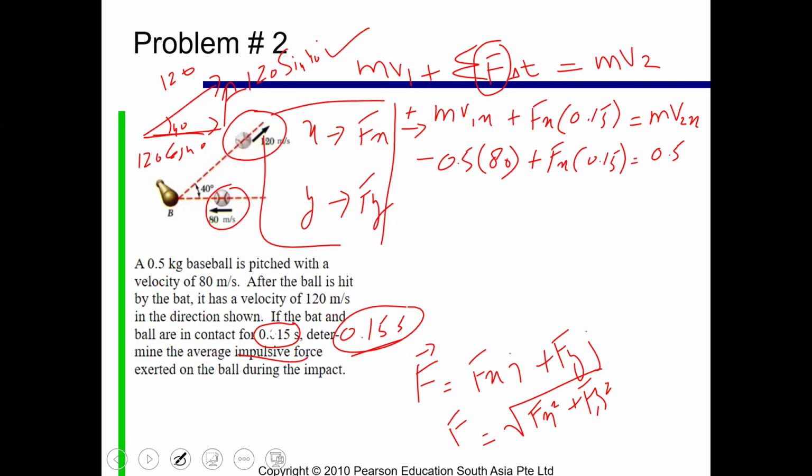So which one do I need to pick here for V2x? Cosine 40. Plus or minus? Is this positive x or negative x? Positive x. So it will stay 0.5 into 120 into cos 40. Once you solve this equation, you will figure out the x component of the impulsive force.